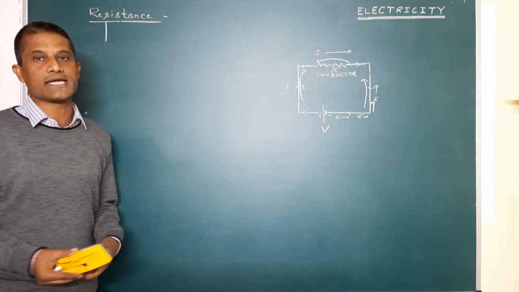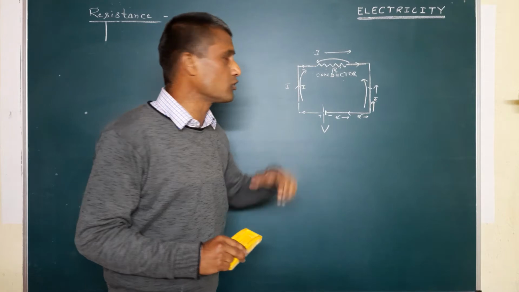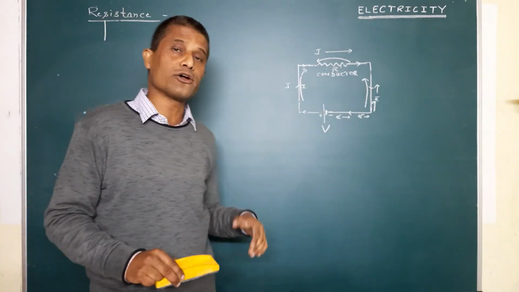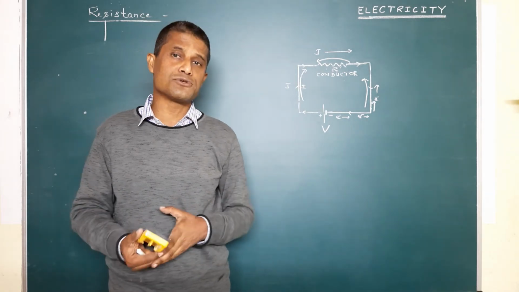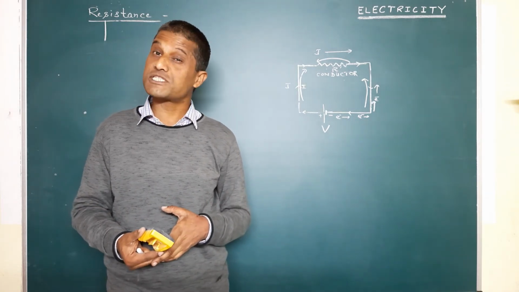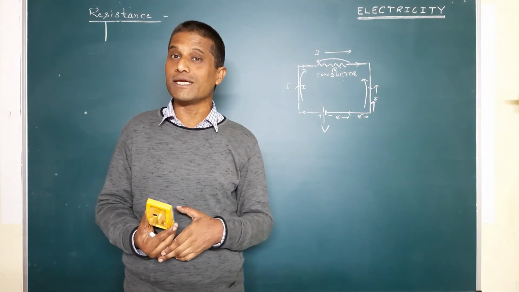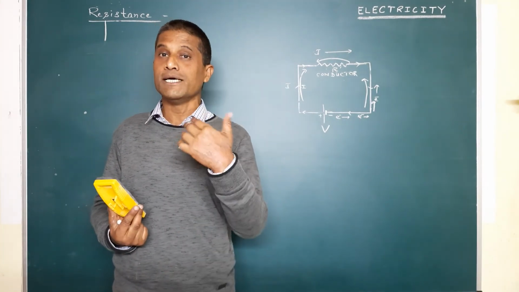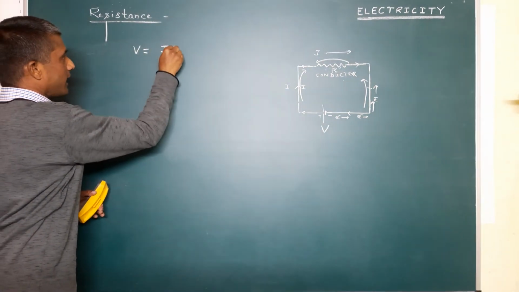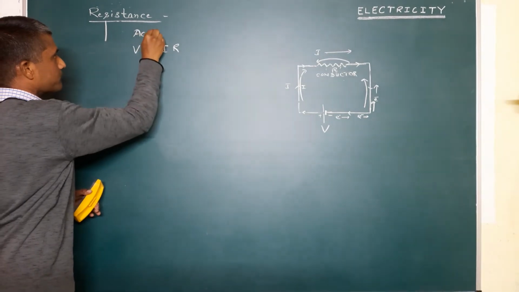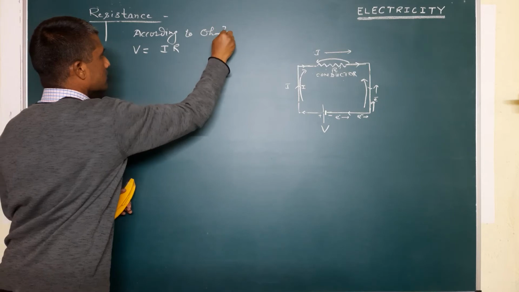Now we are going to understand the numerical definition of resistance. Resistance, as I have told you, is denoted by R. And in order to understand the numerical definition of resistance, we need not go far away. We have understood in the case of Ohm's law, which states that I is directly proportional to V. And as we moved further, we reached this end, that is V is equal to IR, according to Ohm's law.